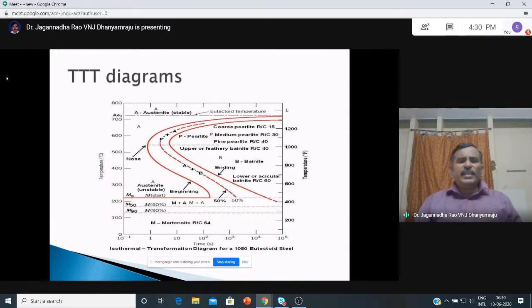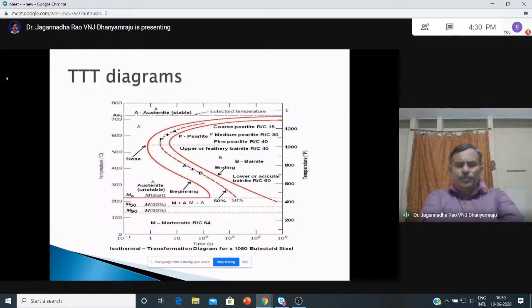And on the left-hand side we have a nose, right? This nose separates a region where the austenite is unstable, and on the right-hand side of the figure there are the transformation products, right?